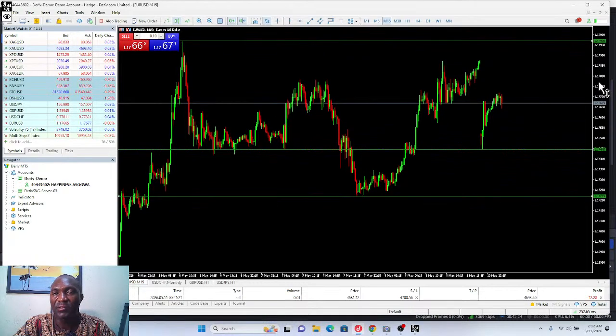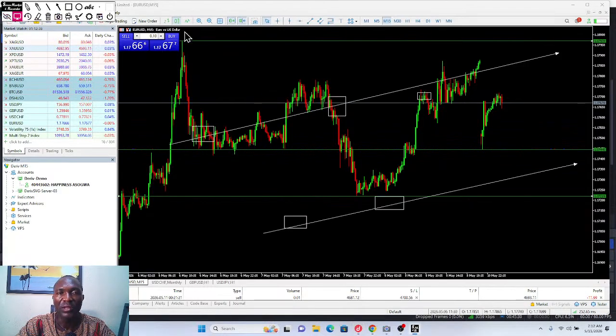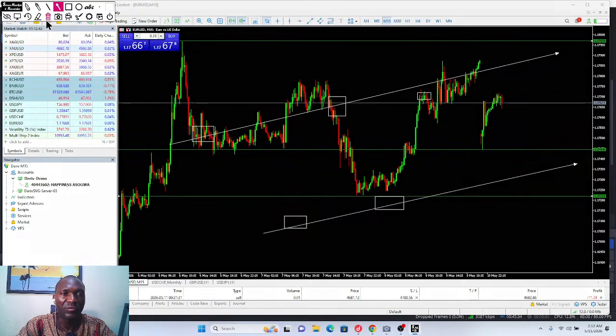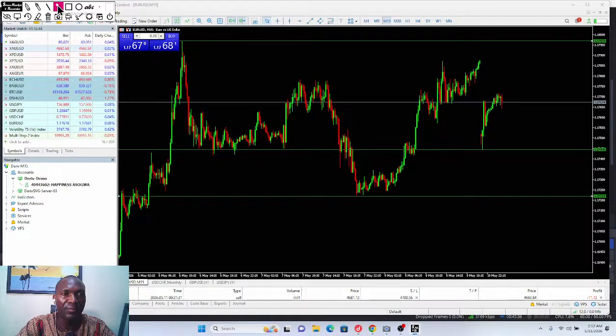So this is our analysis on Euro USD. On Euro USD, we are looking at an uptrend. Now the market should pull down to this place and then move up, or another key level is it comes down to this place.